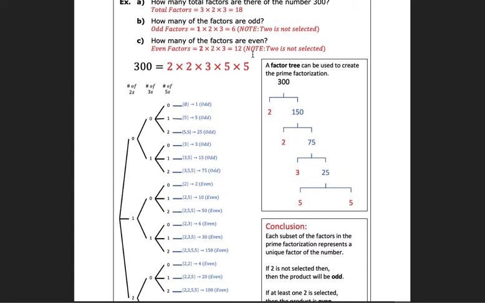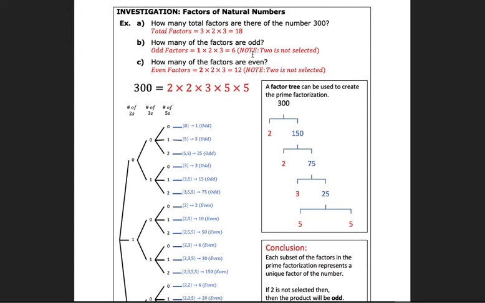So a quick and easy way to count these specific outcomes, the total number of factors, the numbers that are odd and the number that are even, are here. And remember that the total number of factors is the number of ways that you can make subsets out of the prime factorization. The number of odd factors requires exactly 0 of the 2s to be selected because that's the only even prime number.